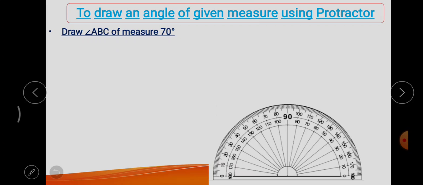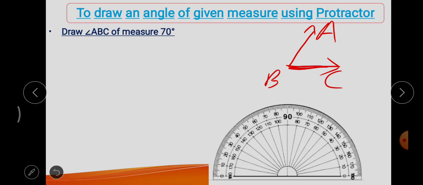If you are confused how I can say that BC will be the base, it's simple: just draw a rough figure like this and name it angle ABC, as given to you. From this rough figure you will come to know that BC will be the arm of the angle, which will coincide with the reference line or base line of the protractor.